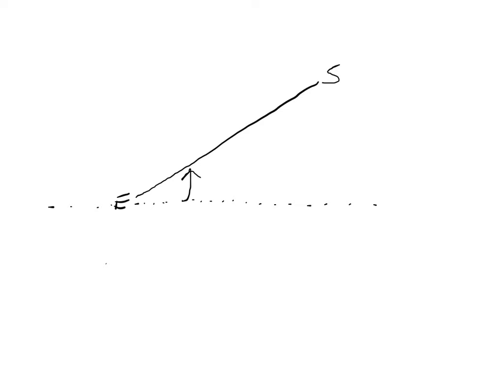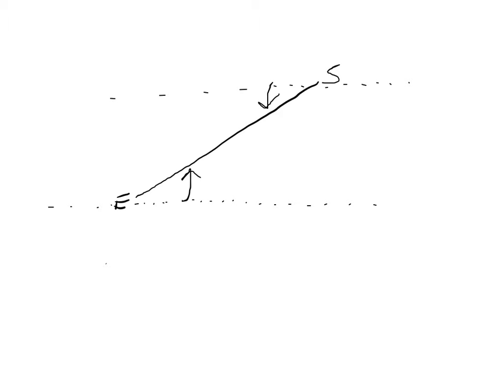And an angle of depression also is measured to the nearest horizontal, which would be right here. So relatively speaking, from a point where I'm looking at an angle of elevation, there's always going to be an associated angle of depression from that top point looking down on me.